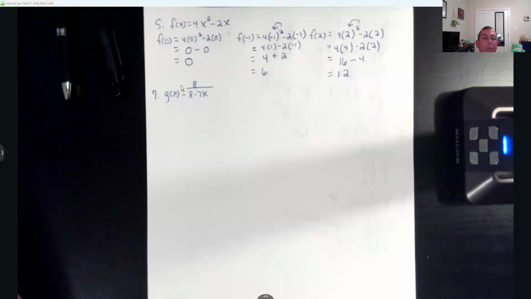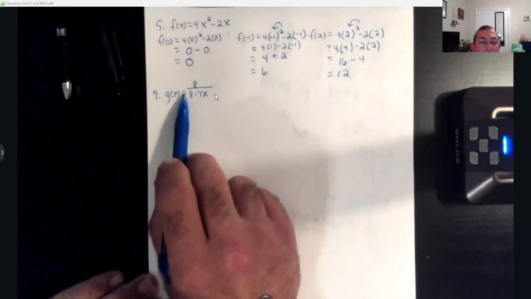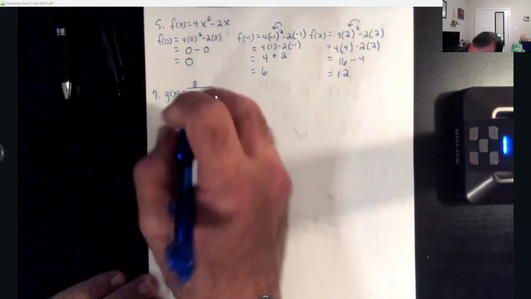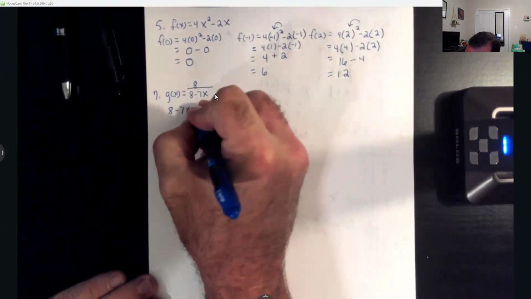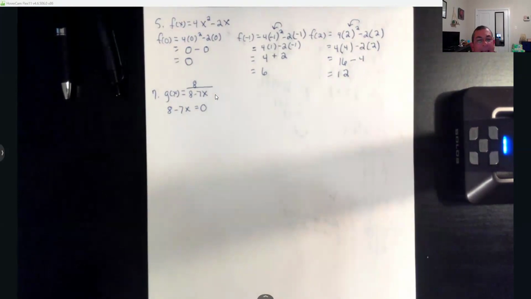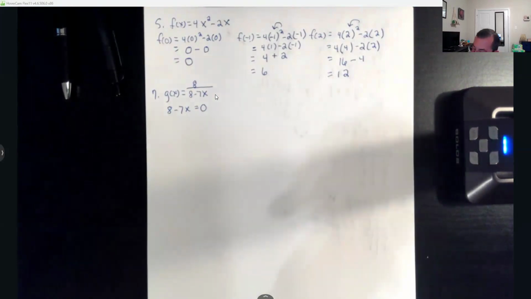So remember, when I find a domain, I'm only worried about that denominator. That denominator cannot equal 0. So what we do, we take 8 minus 7x, and we set it equal to 0. That way we can find the number that we got to exclude, okay?